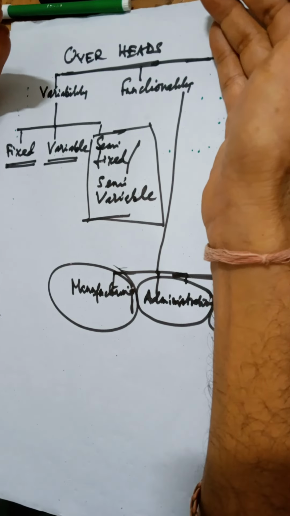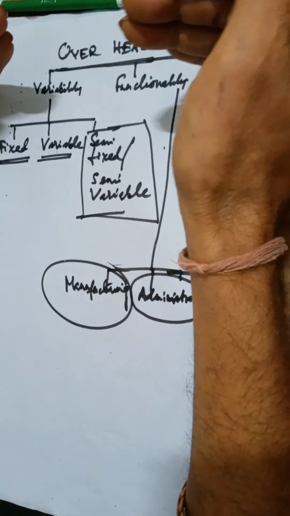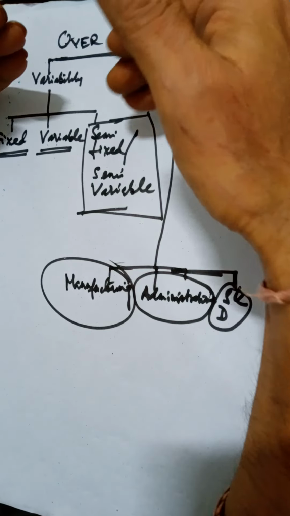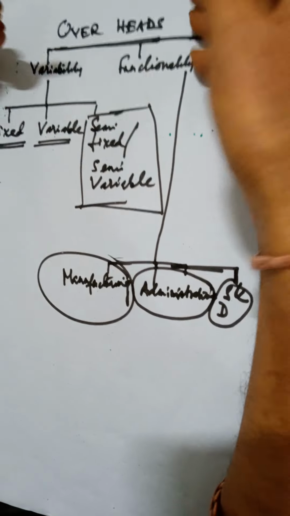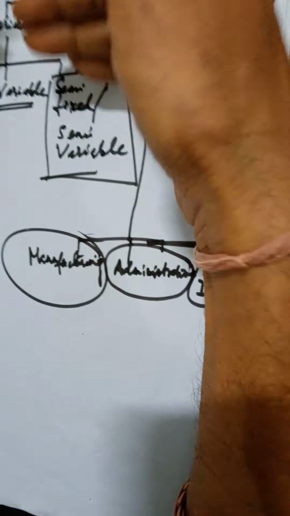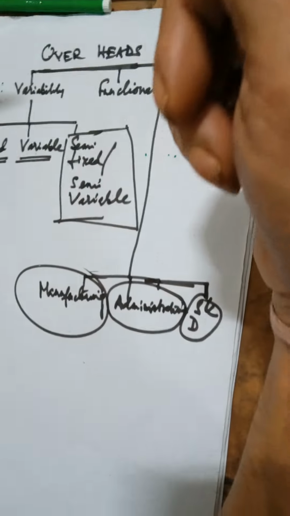And overhead expenses can be classified according to the functionality, that is the manufacturing overhead, administrative overhead, and selling and distribution overhead.